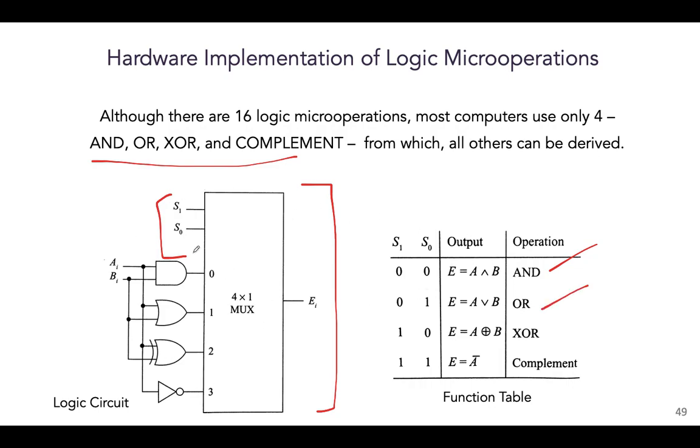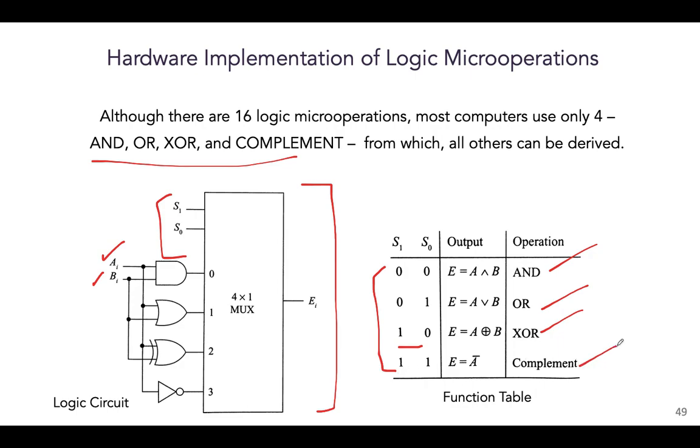You can take any random values for A and B, and select any of these four sets of combinations, and you can see that the circuit will behave as mentioned in this function table. For 1 0 it will perform the XOR operation, and for 1 1 it will perform the complement operation.